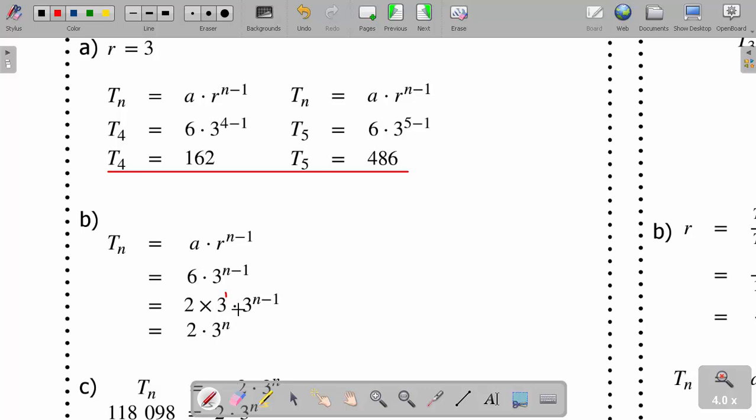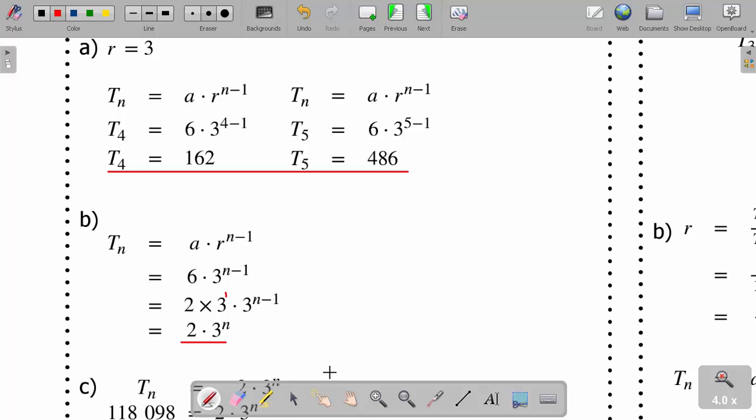And if the base is the same and I'm multiplying, I can add the exponent. It's going to be 1 plus negative 1 gives me 0, then plus n. So it becomes 2 multiplied by 3 power n. So this is our Tn here. This is our Tn. Okay.